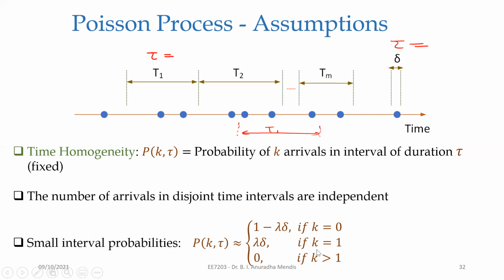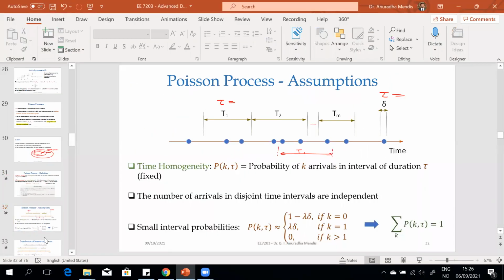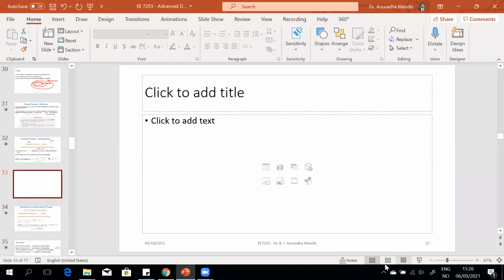So what is the probability you can have exactly one arrival during that delta time? This part needs some mathematical knowledge to understand. Now this lambda is the arrival rate.